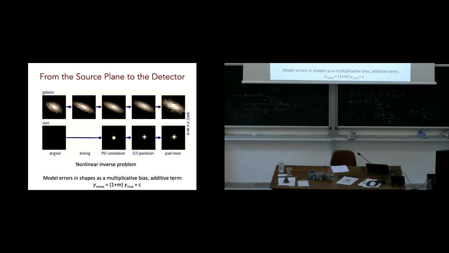And our task now is to do this inverse problem, figure out from those pixels there what the shear in this step was. The key tool that we use for this are stars, because that allows us to really measure this important PSF convolution and understand what the atmosphere and telescope are doing to distort shapes of galaxies. So basically, at least from stars, we can then reconstruct this step and also get a better understanding of the CCD pixelization.